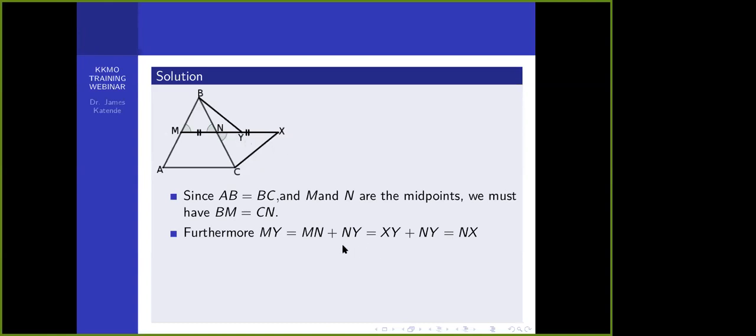But we know that XY and MN are equal. So that forces these two lengths, MY and NX, to be equal. So now we know that the length from M to Y and the length from N to X are equal. I think we are together so far.